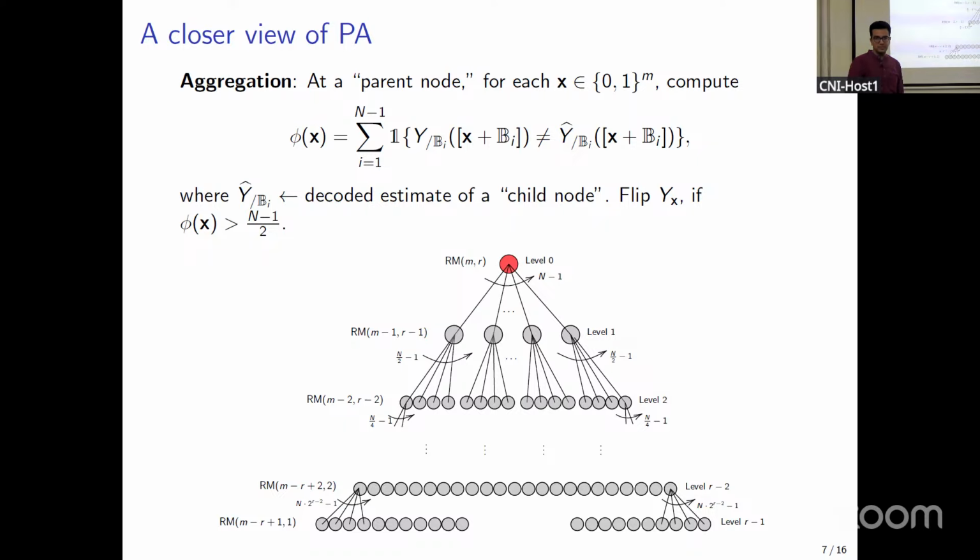So y hat is the decoded estimate. Whenever this sum is larger than (n-1)/2, you flip y_x. Here x is fixed all through, and the summation is over the subspaces. So you flip y_x if this summation is larger than (n-1)/2, and you don't flip otherwise.